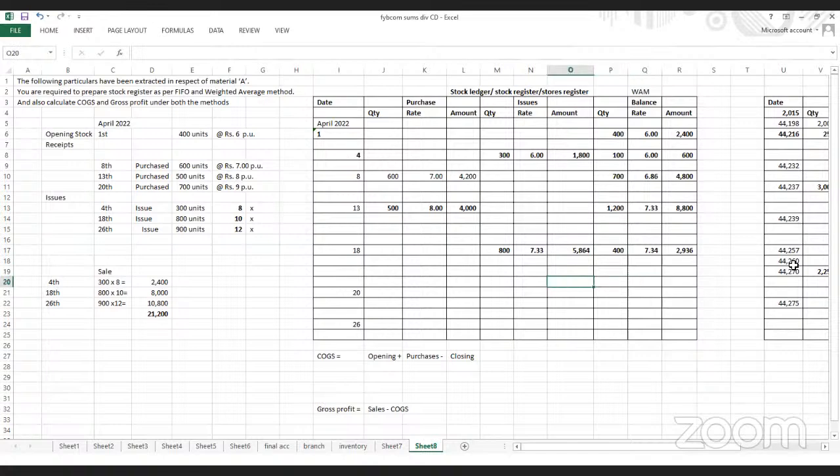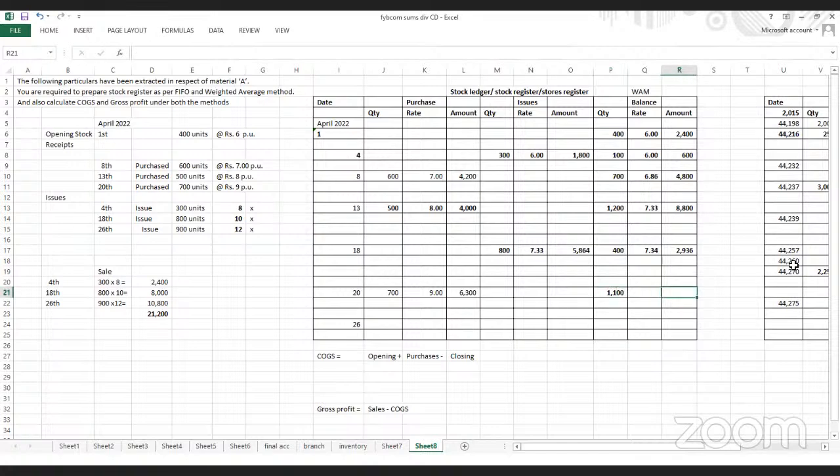Again, purchase is there. On writing purchases, 700 units are purchased. Its rate is 9. So amount will be 6,300. Clear? Now what to do? After purchase, you have to add units. So 400 plus 700 is clear.